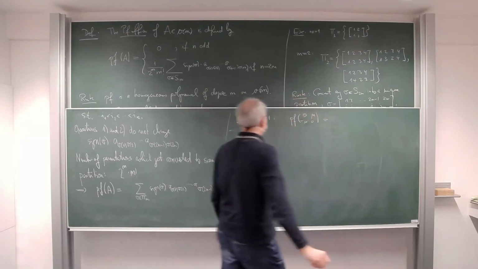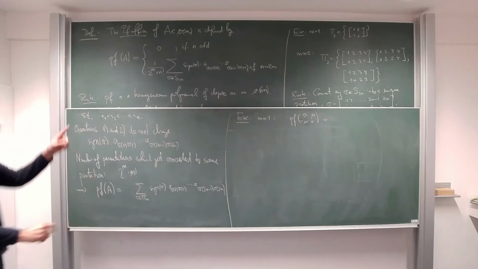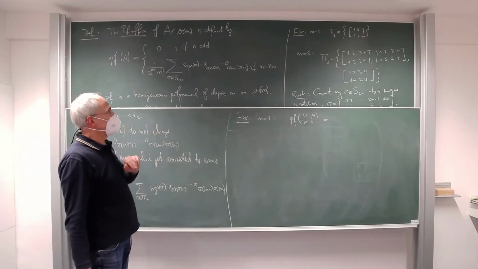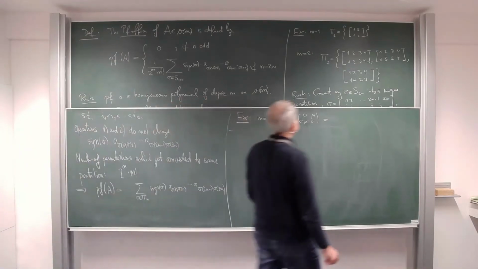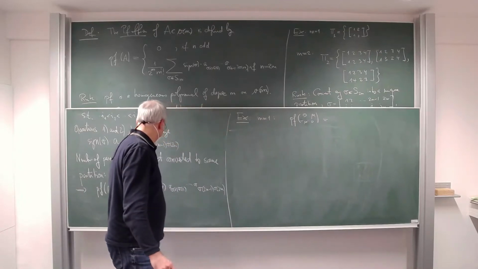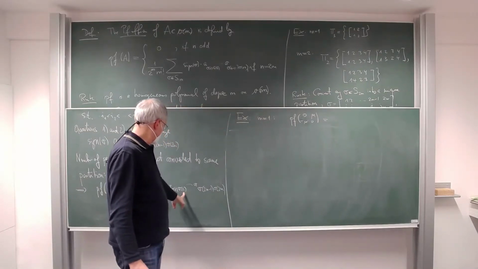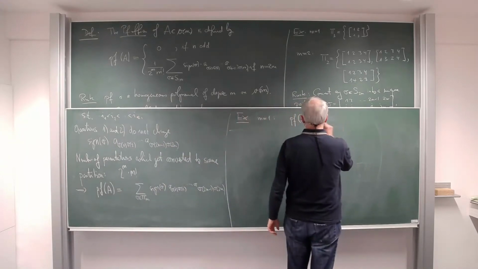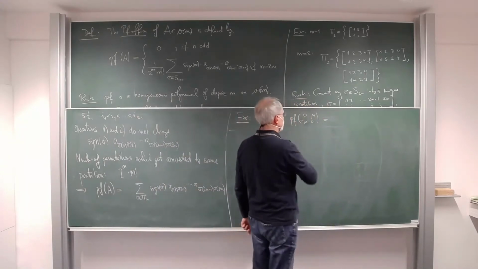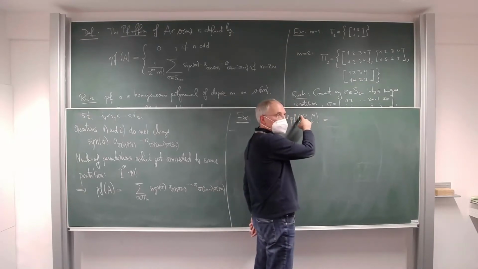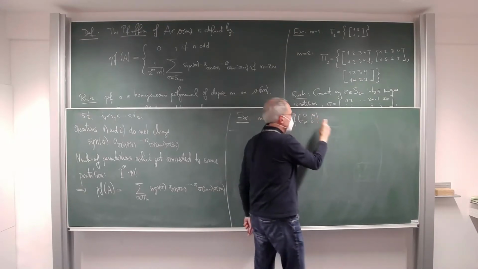Now, what does this condition give us? There's only one partition, namely the identity, and this has signature plus 1. So the sum consists of only one term. Sigma of 1 is 1, sigma of 2 is 2. So I have to take the 1, 2 entry, first row, second column, which is mu.